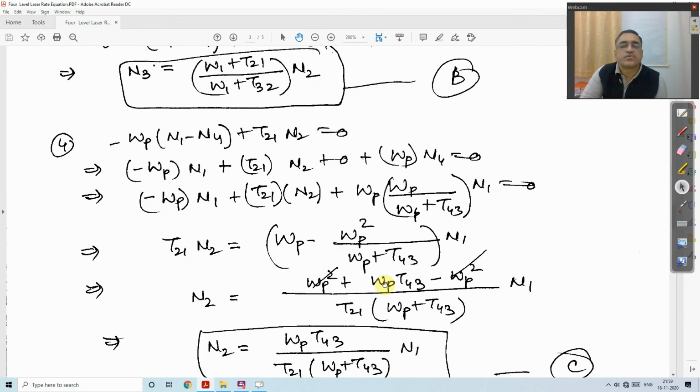N3 in terms of N2. And on substituting for N2, we can obtain it very easily, because we know the relation between N1, N2 and N4.